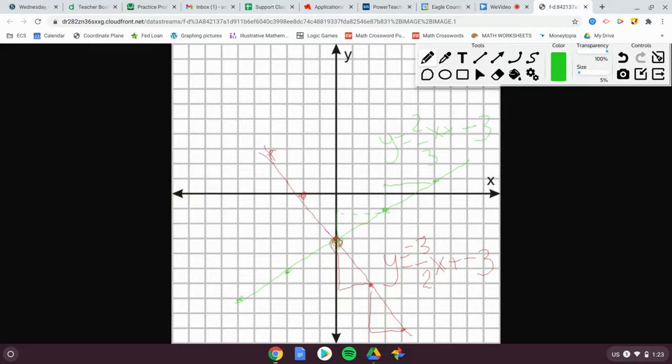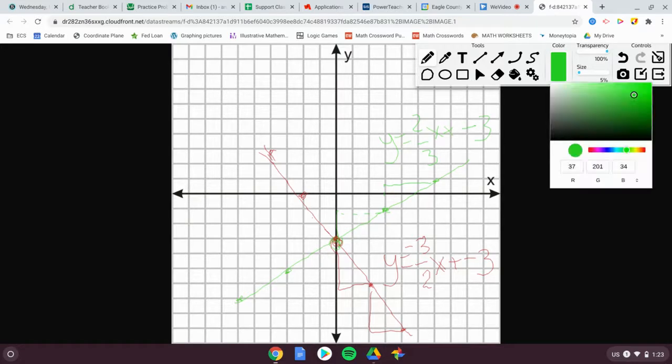All right, so see if what you predicted from the first example of perpendicular lines matches up now again. You'll notice with these we have 2/3 for green. So 2/3 for green.